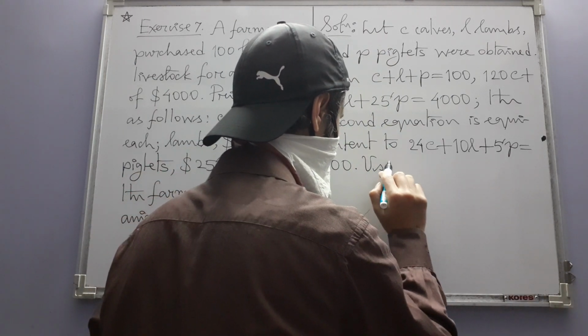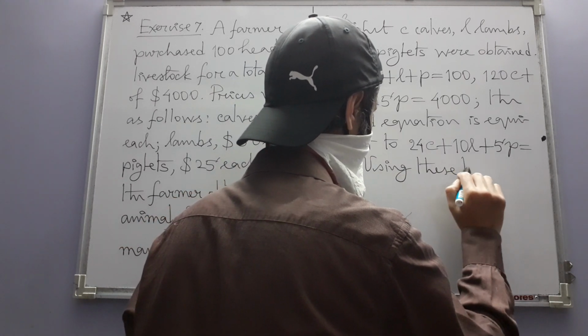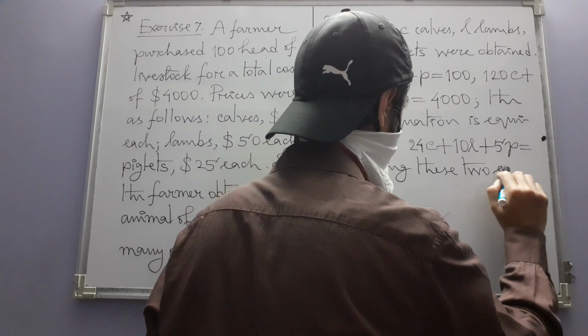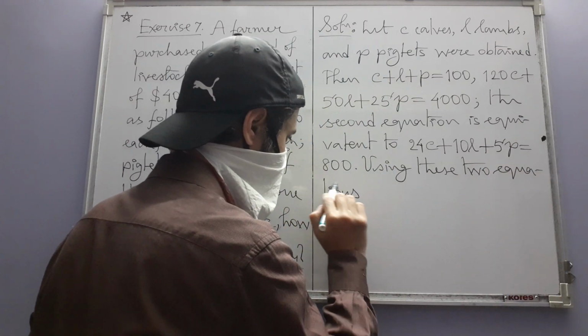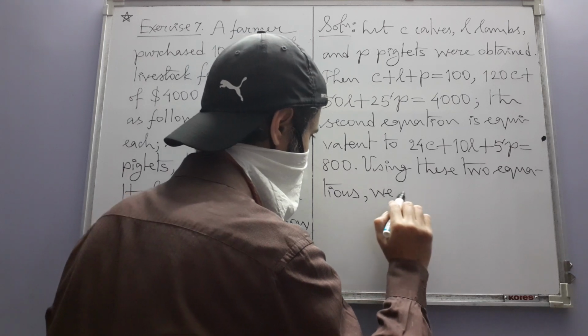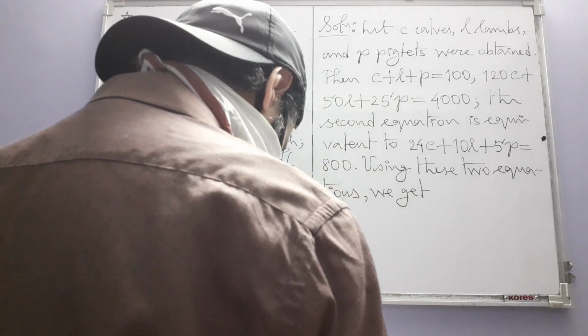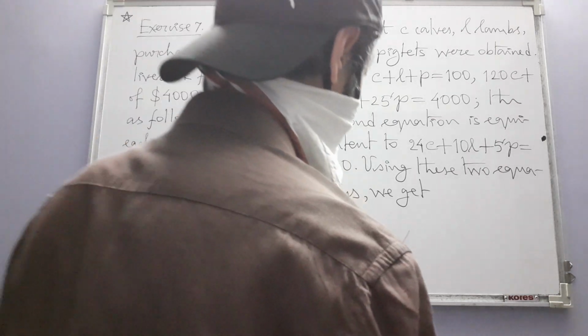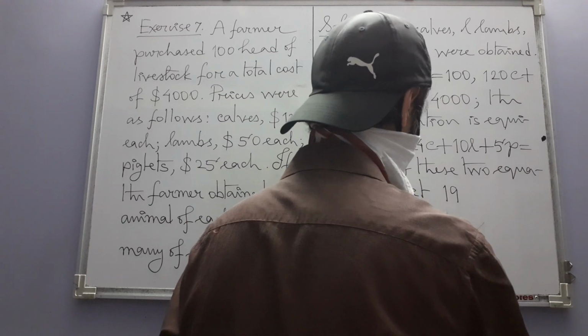Using these two equations, we get 19C plus 5L is equal to 300. Oh, this is where we also have 19, and this is where we actually have 19.